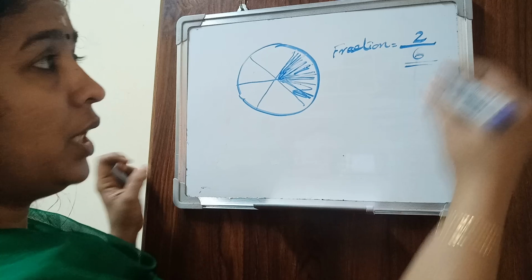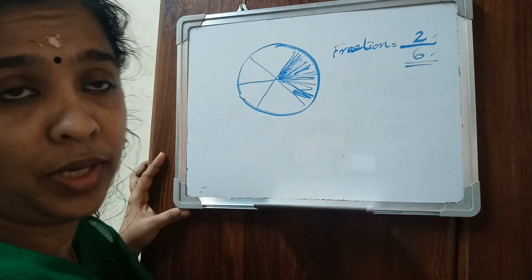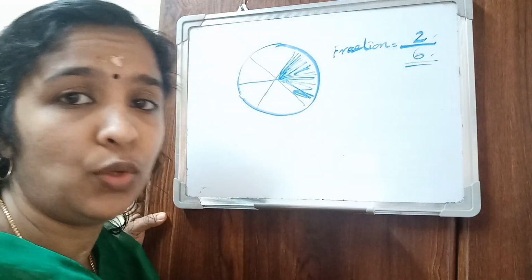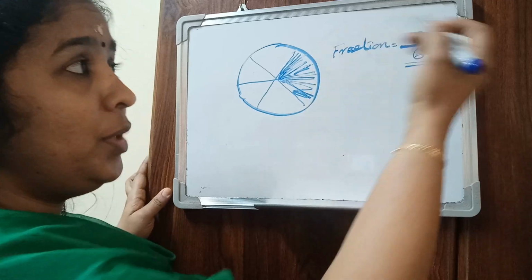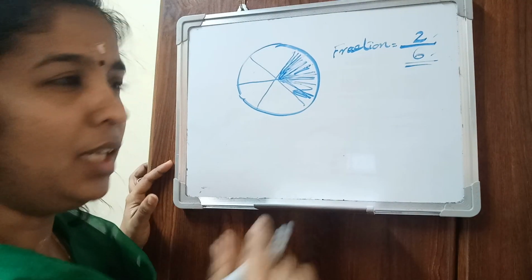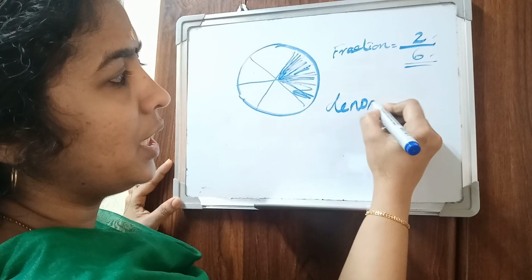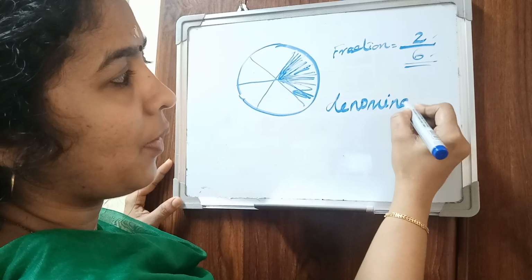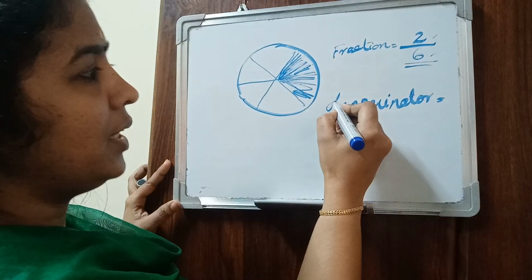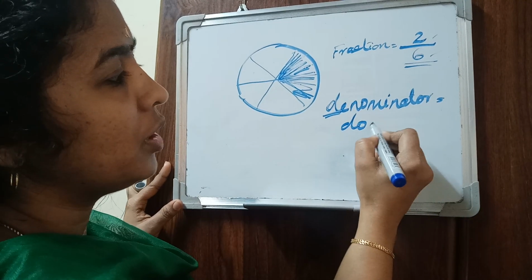Again I am telling you, the number above the line is the numerator and below the line is the denominator. Sometimes as beginners we get confused about what the numerator is and what the denominator is. So a small trick: denominator, that means D. D for down.